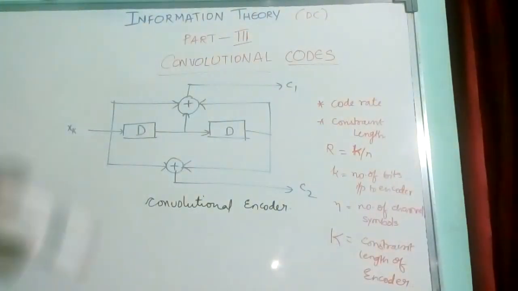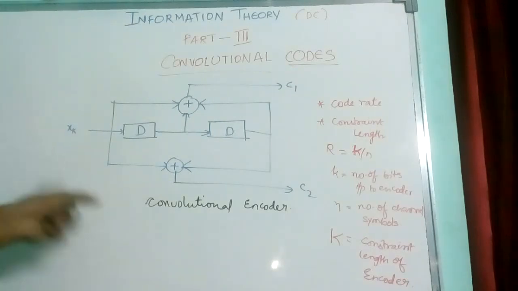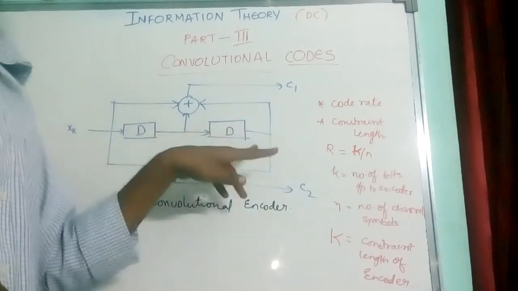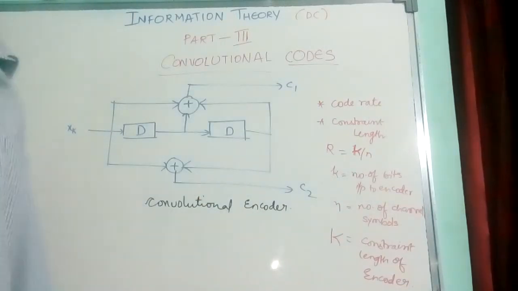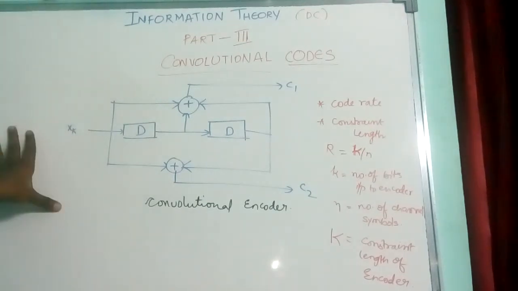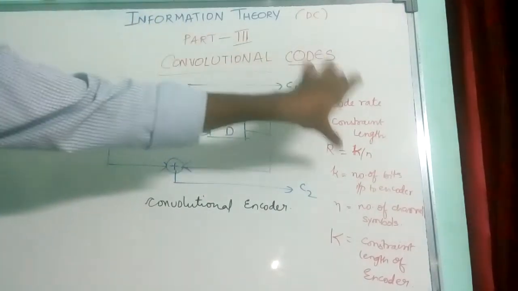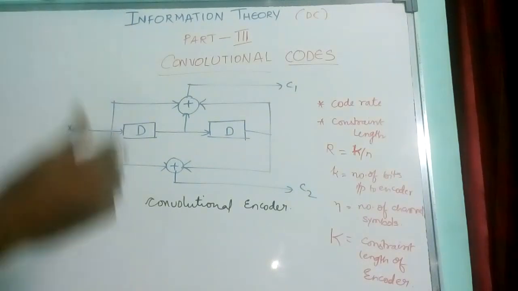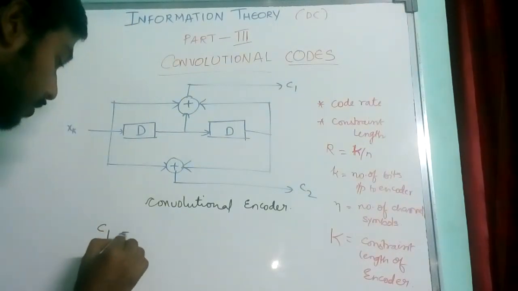As you see here, this is a 1 bit encoder, so my small k is 1, and there are two channel symbols here. So 1 by 2 is my code rate. Then I need to know the relation between the input and the code words.